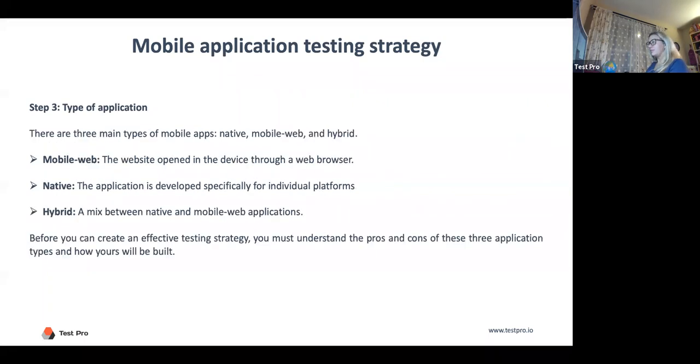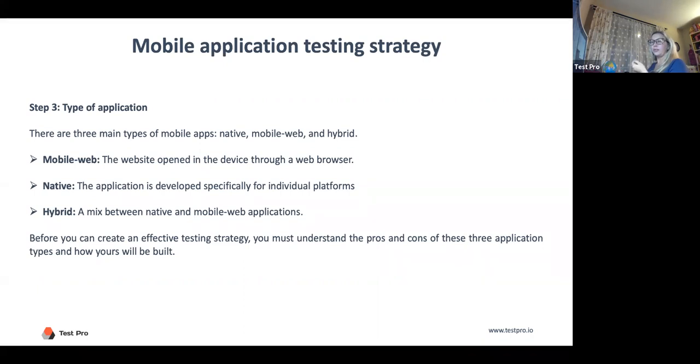Step number 3, type of application. You already know there are 3 main types of mobile application: native, mobile web, and hybrid. Let's repeat a little bit. Mobile web means a website opened on a device through the web browser.